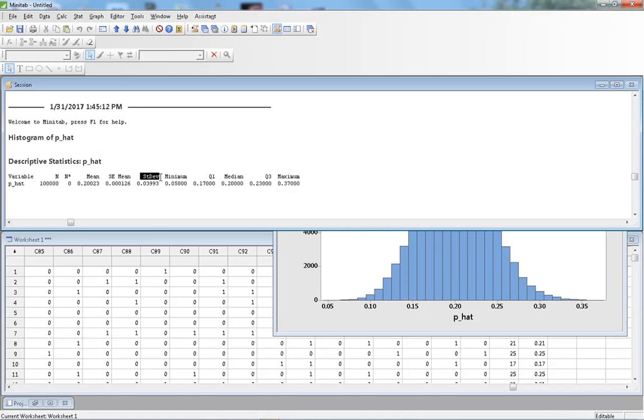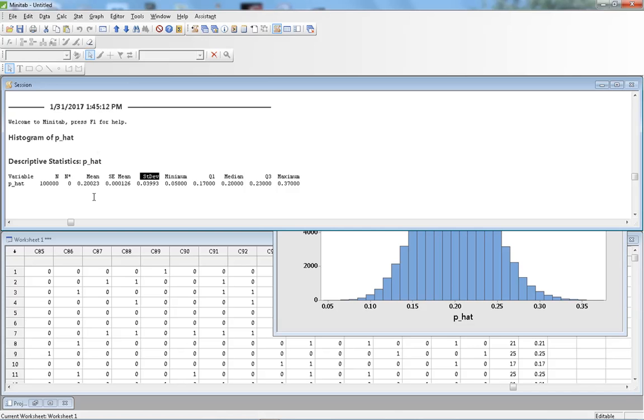Notice here the standard deviation is very close to the 0.04 and the mean is very close to the 0.20. Also notice that n times p would be 100 times 0.20, which is 20, and that is at least 10, and n times q is 100 times 0.80, which equals 80, and that is also at least 10.